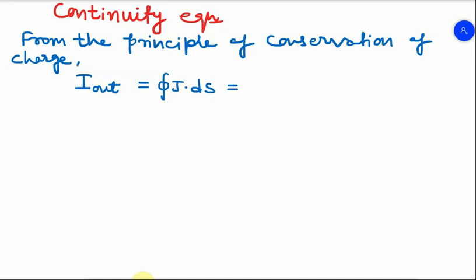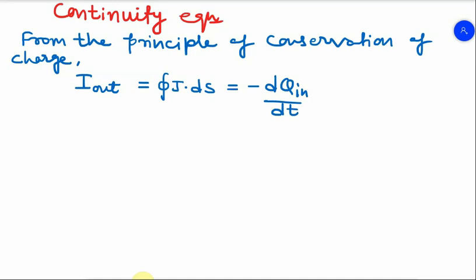So rate of decrease of charge means dq upon dt, and since it is a rate of decrease, it will be accompanied by a minus sign. So minus dq_in upon dt.